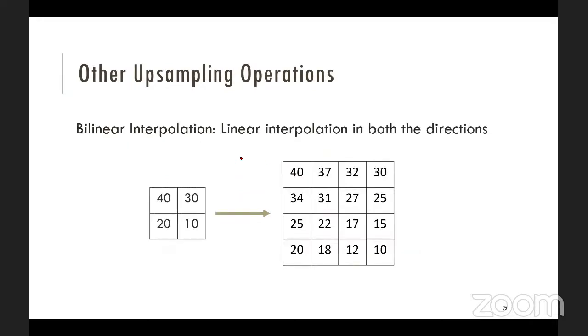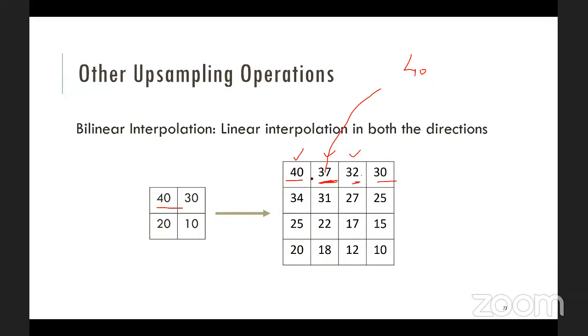Now there is another very popular method, that is bilinear interpolation. In bilinear interpolation, between 40 and 30, you need to insert 2 values, right? For this value, the influence of this pixel will be more, and for this value, the influence of that pixel will be more. Let us say we need to calculate this one.